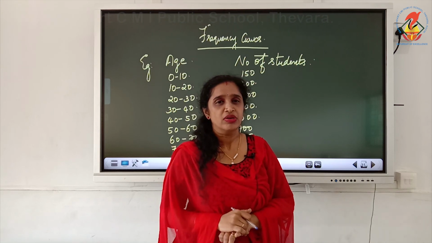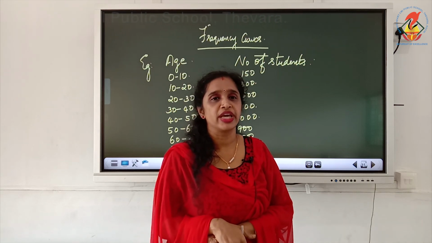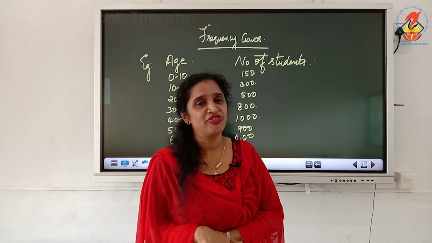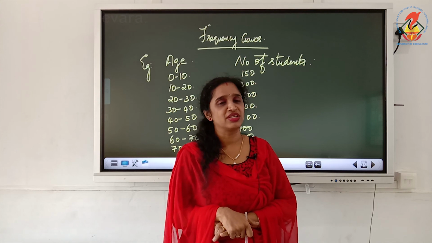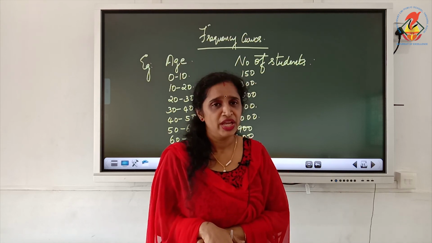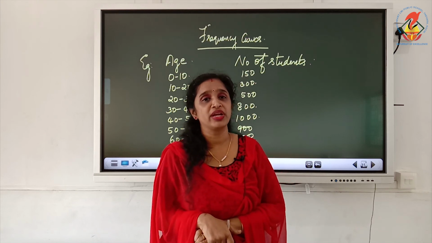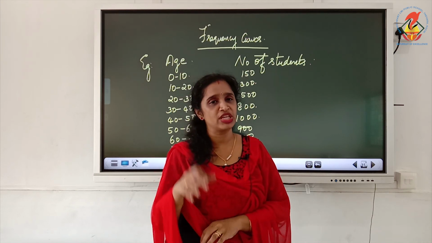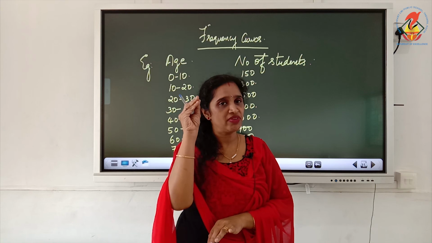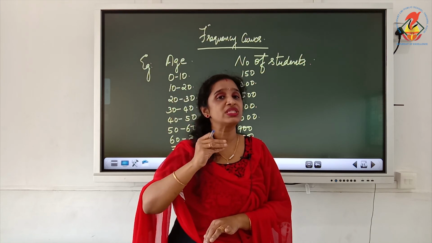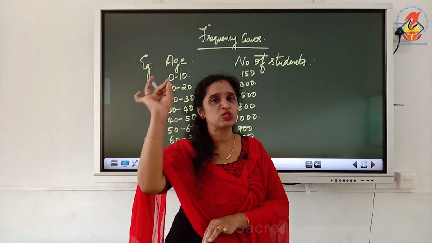Now, only a small difference is there between a frequency polygon and a frequency curve. Both the frequency polygon and the frequency curve we can draw with a histogram. Now, what is the basic difference? For drawing a frequency polygon with a histogram, we will draw the histogram first, and then we will take the mid value of the bars, and then using a scale we will join those points.